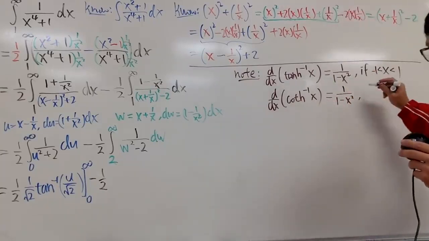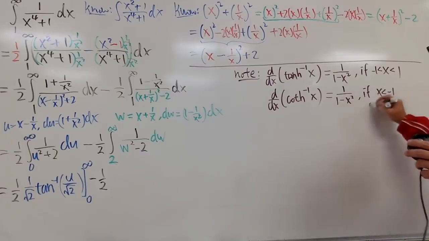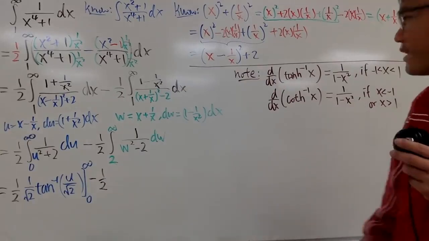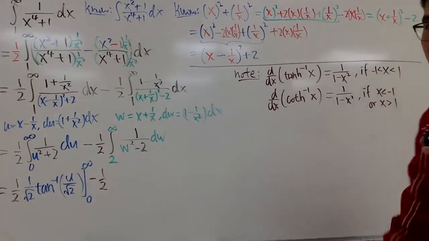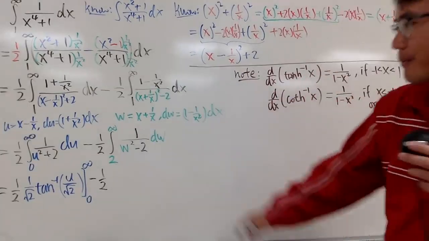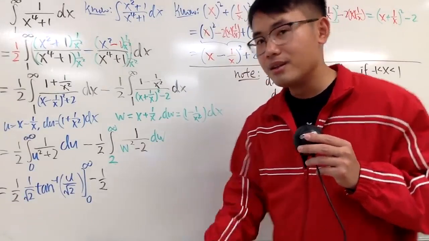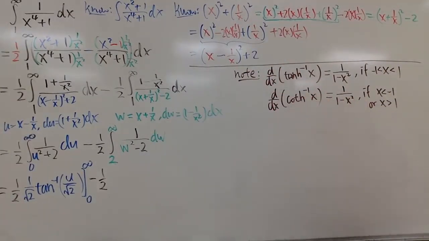This right here is good if x is less than -1 or x is greater than +1. When x is 1, these two things are not good at all, but you have to pay attention to the domain. Therefore, pay attention to, we are going from 2 to infinity. So we will have to put down the inverse hyperbolic cotangent.